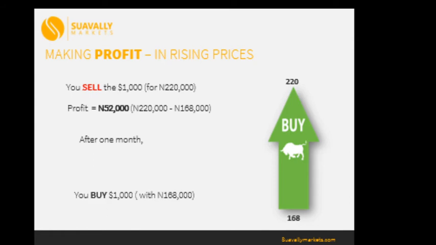Obviously, you've made a profit, which is the differential between what you now have when you exchanged it and what you bought it at. The difference is 220,000 minus the 168,000 that it initially cost you, which gives you a profit of 52,000 in this example.